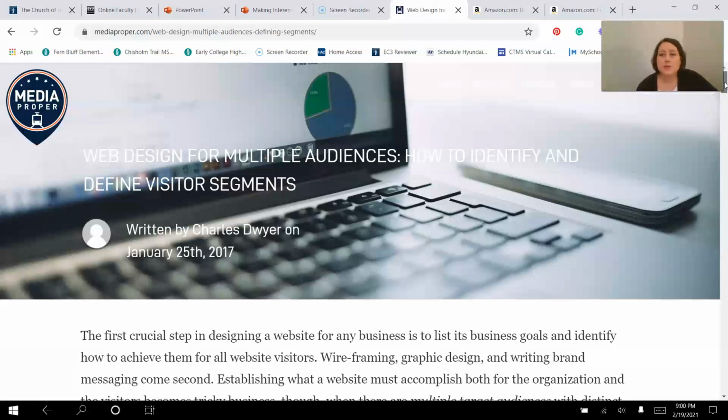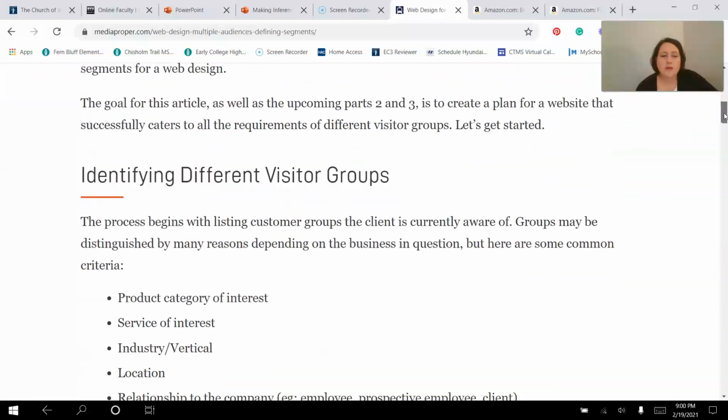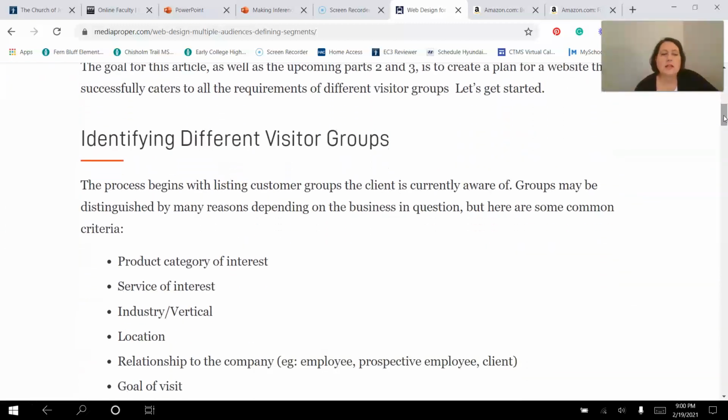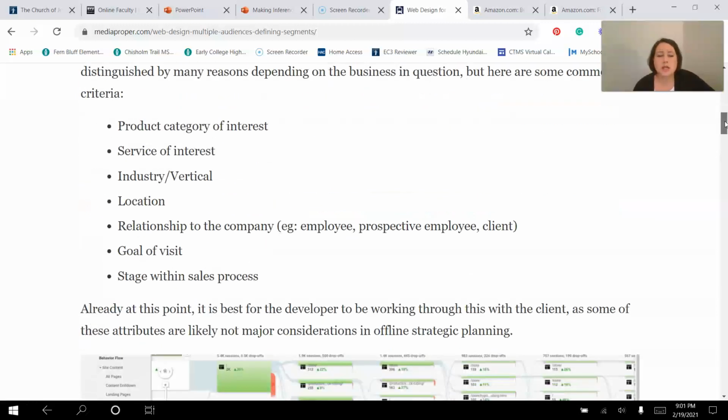And as I go through using previewing, I look at my headlines, identifying different visitor groups. So what I already know about defining visitors by demographics or by interest. And so, looky here, service of interest, industry, location, relationship to the company. So I make these connections and I make some educated guesses.